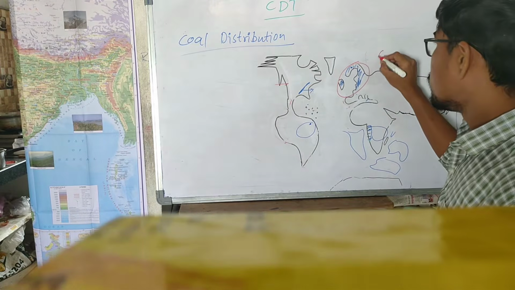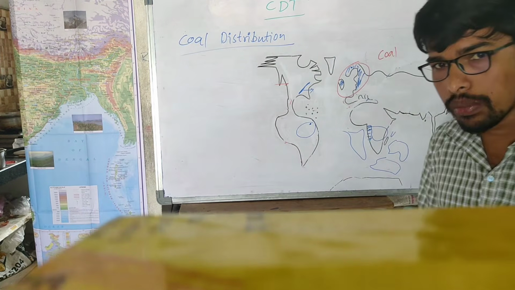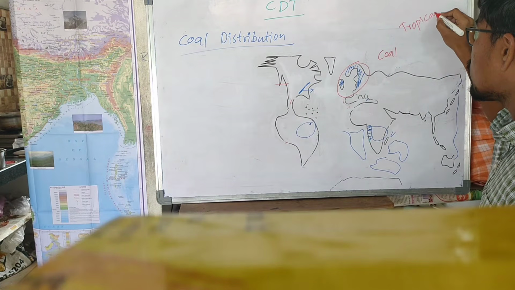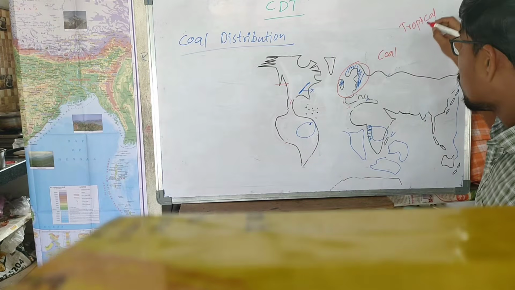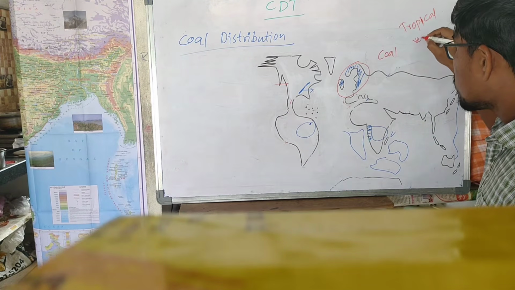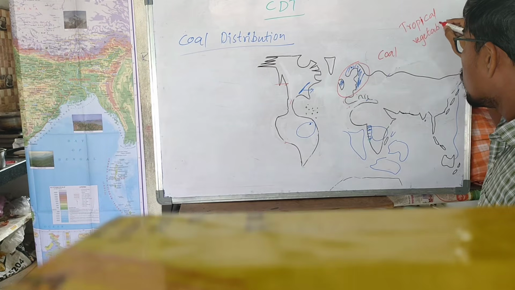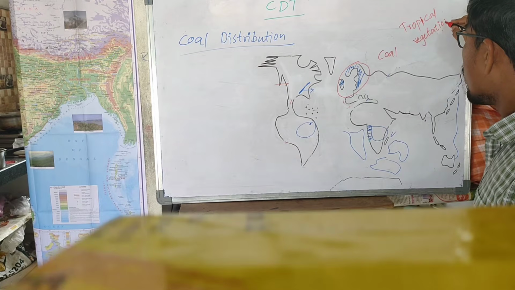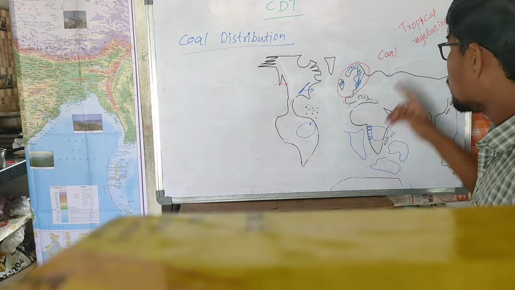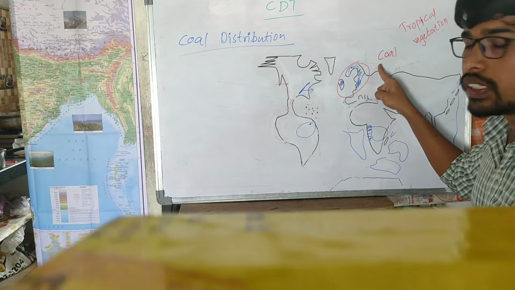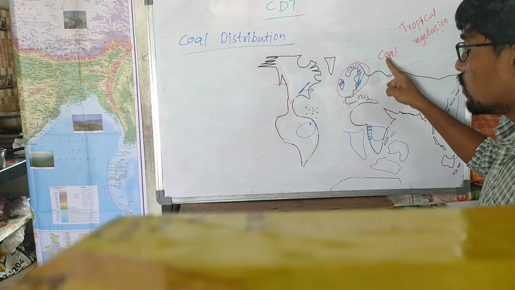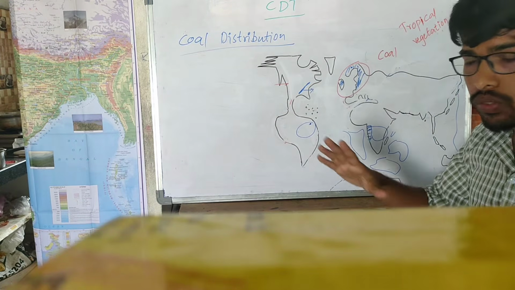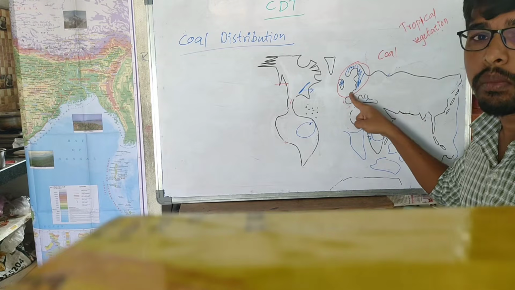Generally the coal deposits are found only in tropical conditions, when the tropical vegetation is present. The formation of coal happens only in tropical areas, but right now these are in the temperate regions.